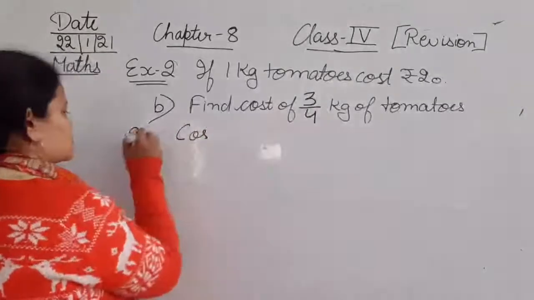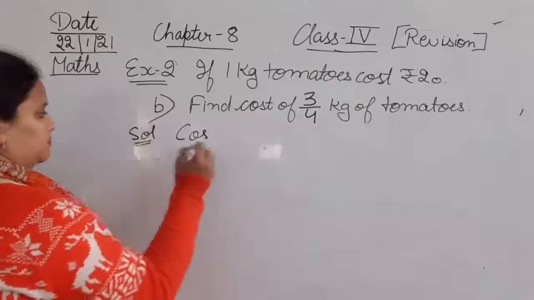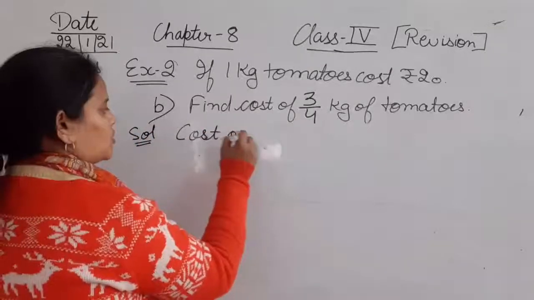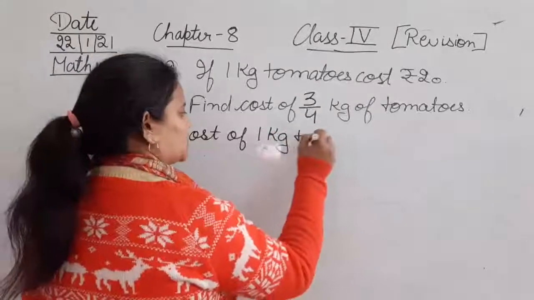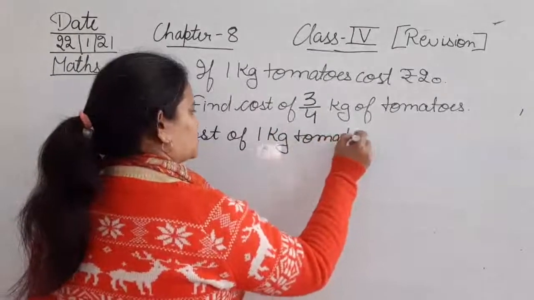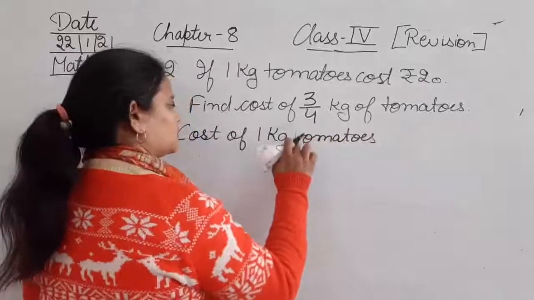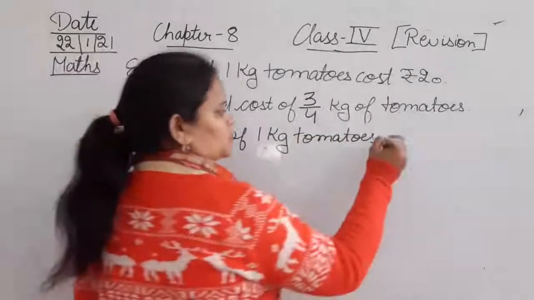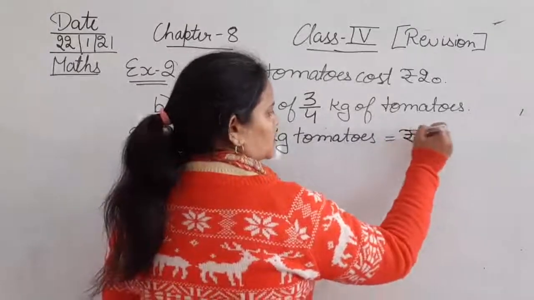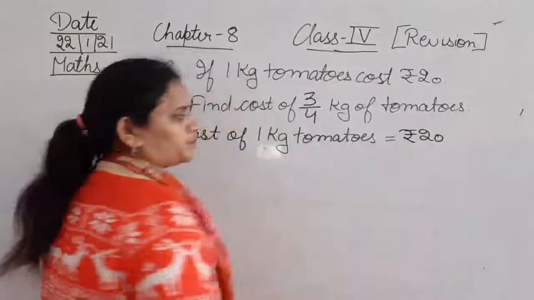Cost. This is the solution. Cost of 1 kg tomatoes is equal to rupees 20.